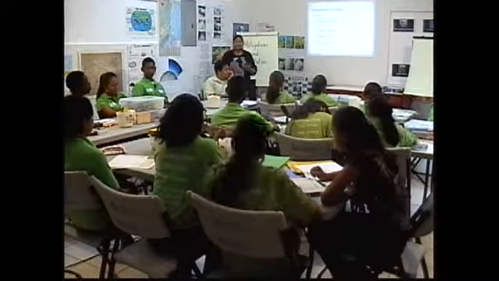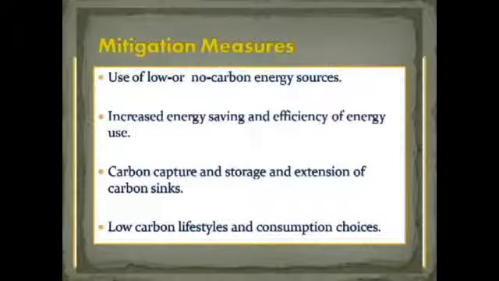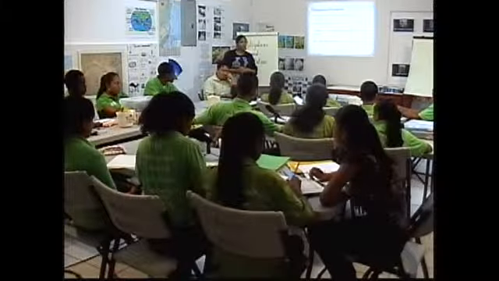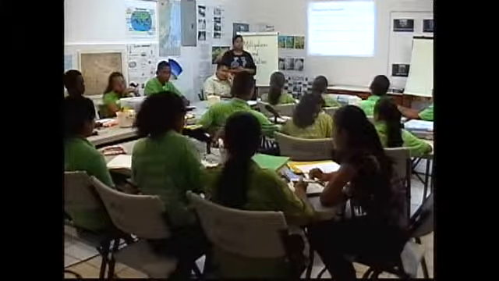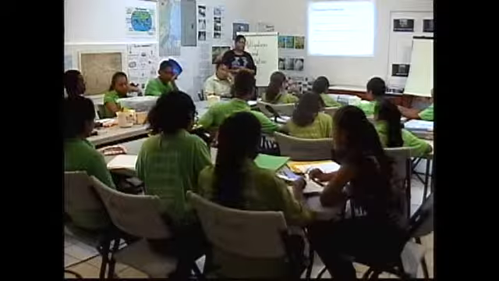Adaptation. We discussed what mitigation was. What then is adaptation? We said mitigation refers to what wealthy countries can do to reduce the carbon emission. What then is adaptation? Do any of my girls have a response? Yes, Yadira.